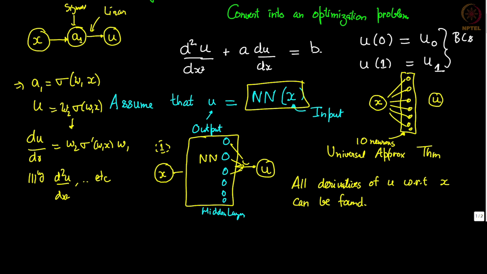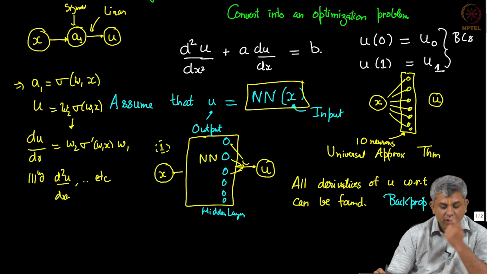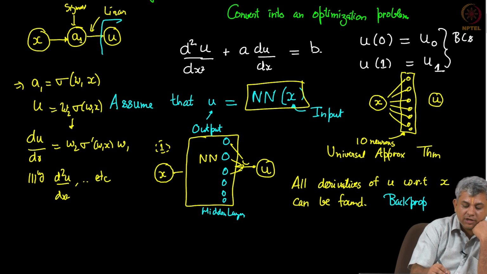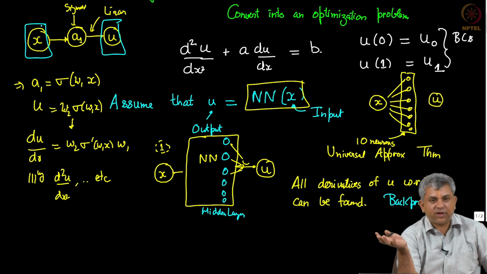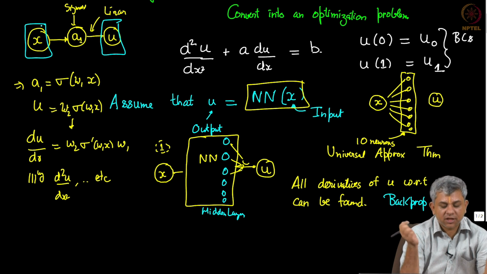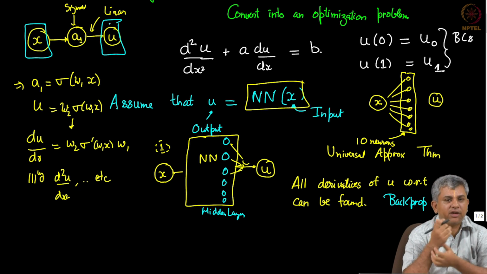What if I had 10 hidden neurons, or worse still, what if I had multiple layers of hidden neurons? Okay. Even if you have multiple layers of hidden neurons, through backprop you can always find out d of the output with respect to d of the input, just like we did d of the loss function with respect to the weights. You can similarly find out using the same backprop idea. This is called automatic differentiation.